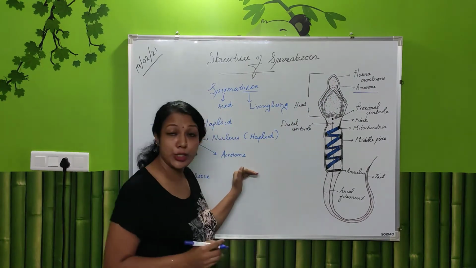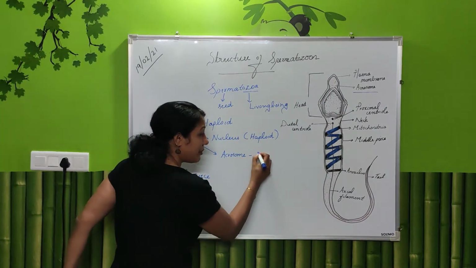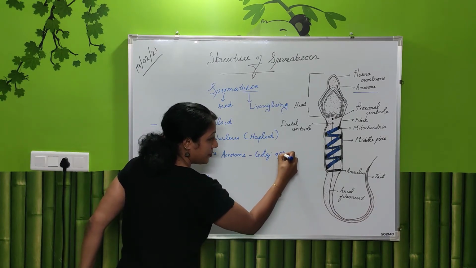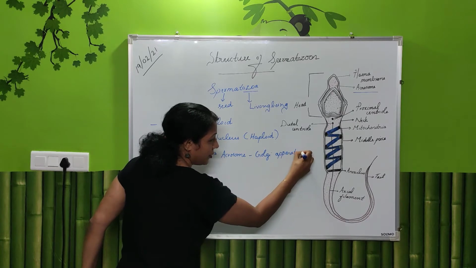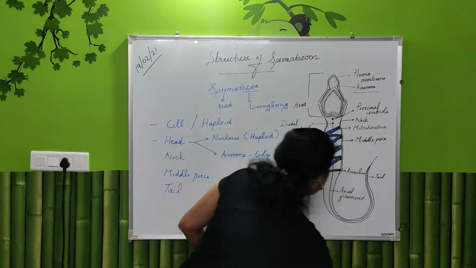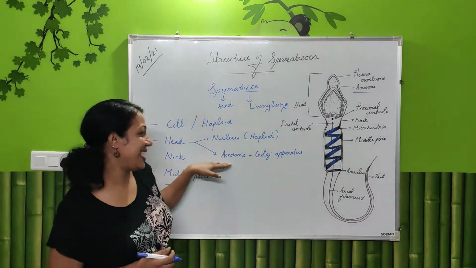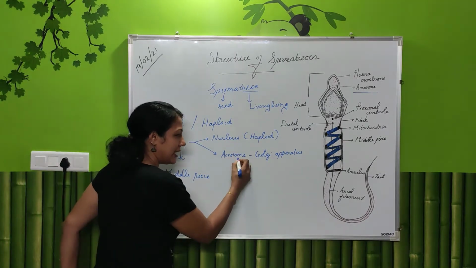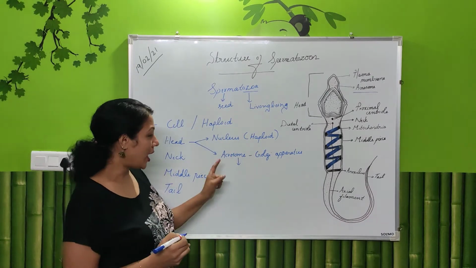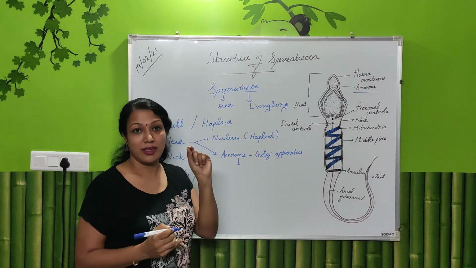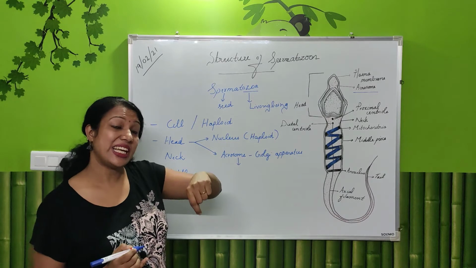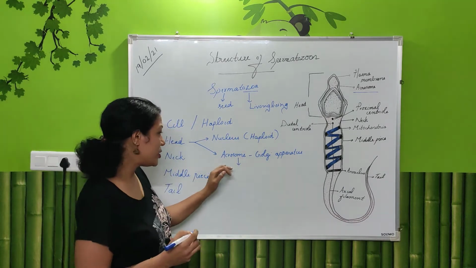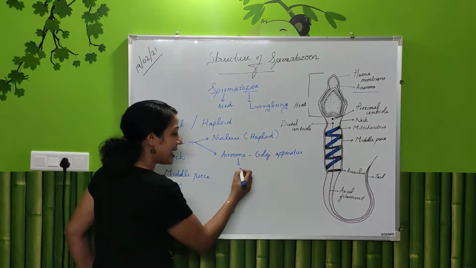Now what is the speciality of acrosome? That's an important NEET question. It's a modified Golgi apparatus. Why is acrosome required? Acrosome helps the sperm to penetrate inside the egg, which is required for fertilization. So acrosome possesses enzymes.